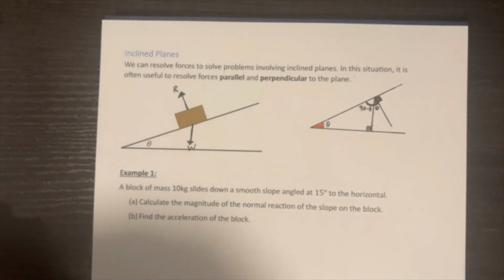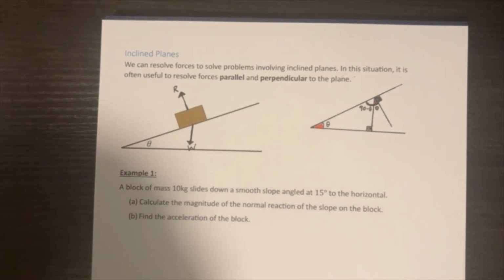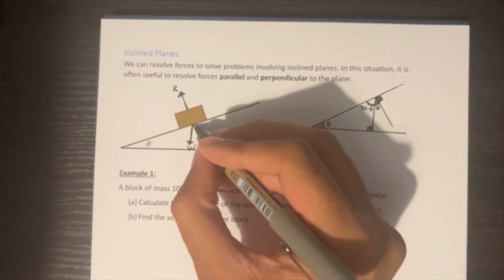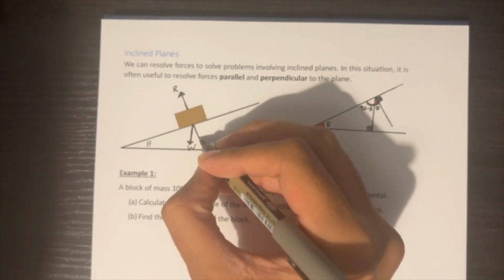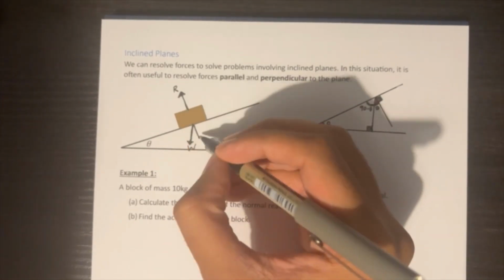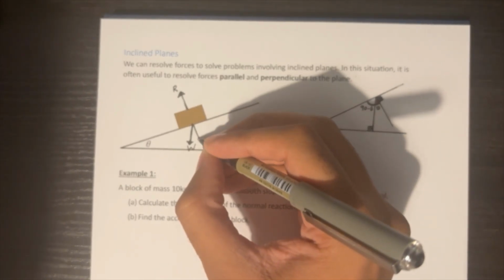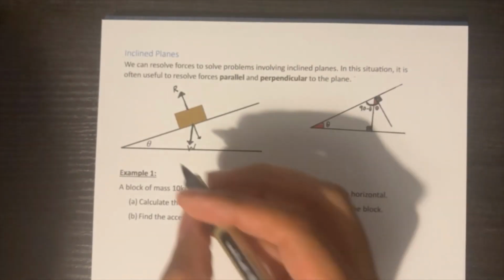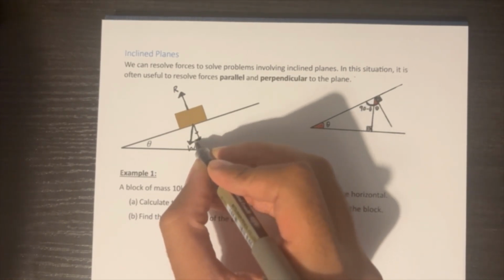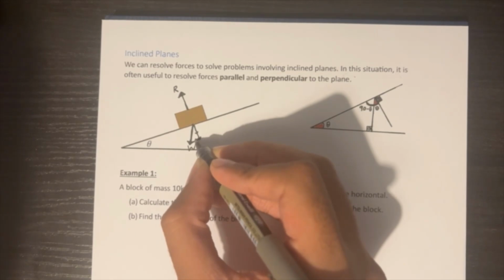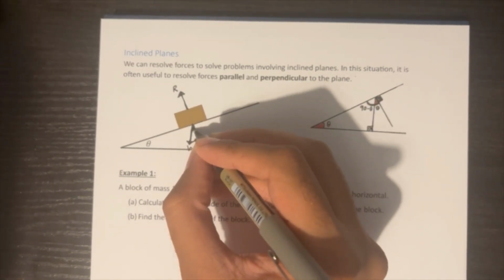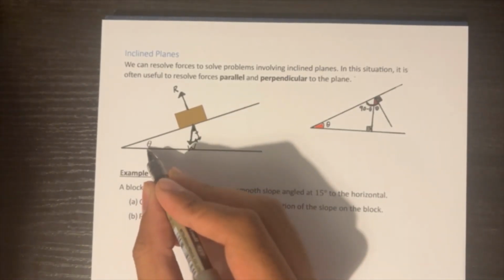Now that's going to be really useful to us, because if this is our weight, I can draw a line which is perpendicular to the plane, so in the direction which opposes the reaction force. I can draw that force there, and I can draw a line here which is parallel to the plane, and I know that the angle in here must be the same as the angle theta.